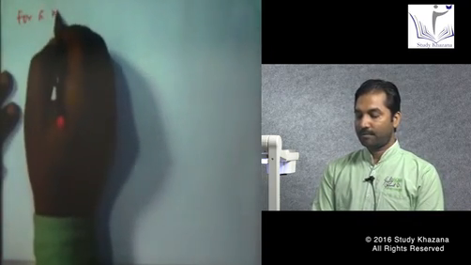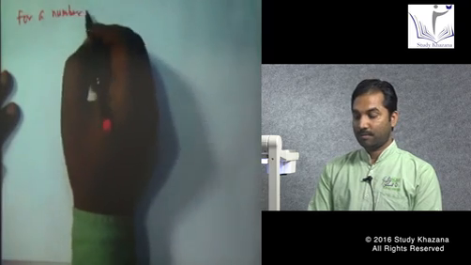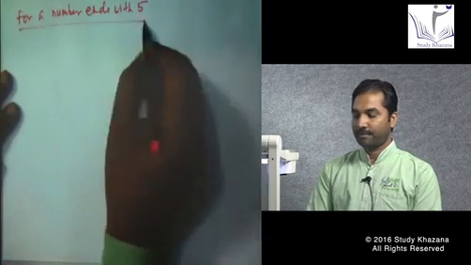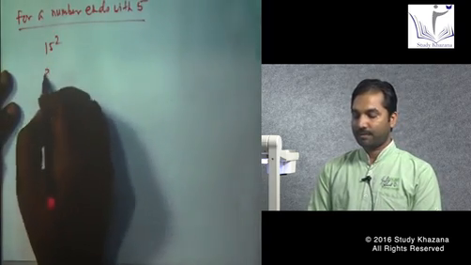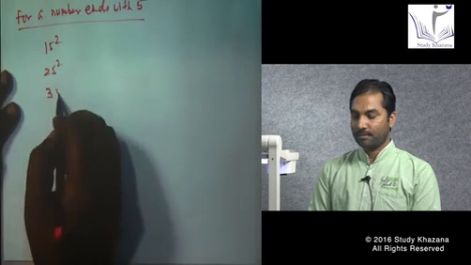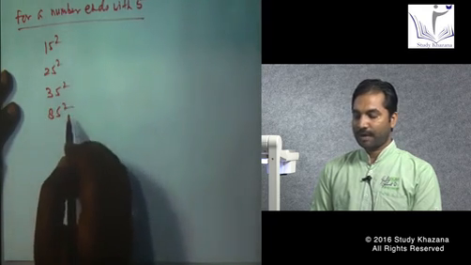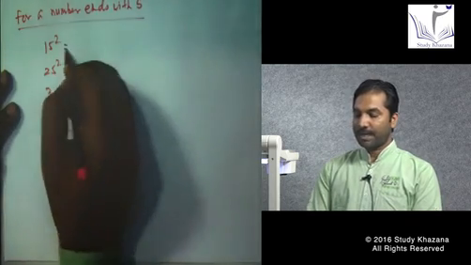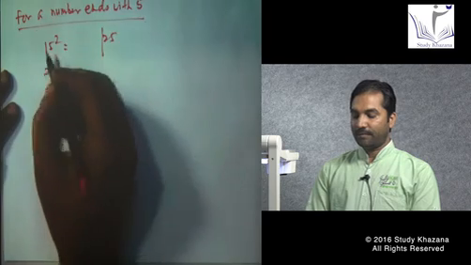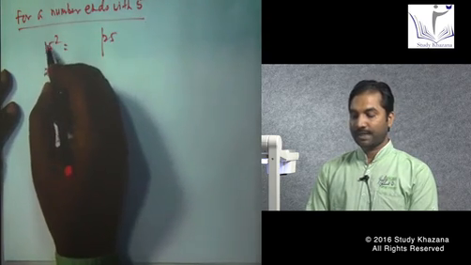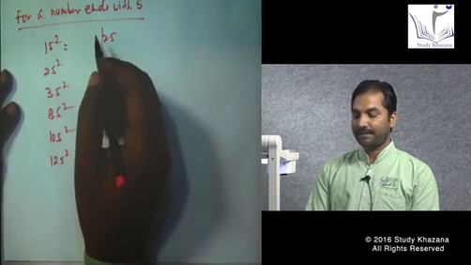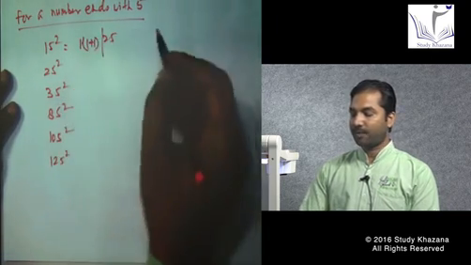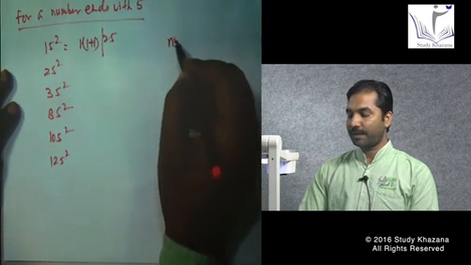For a number that ends with 5, like 15 square, 25 square, 35 square, 85 square, 105 square, 125 square. Write 25 first of all, then add 1 to the previous digit and multiply by itself. Here is a formula where we have to calculate n5 square.